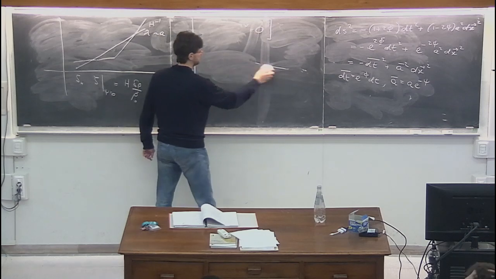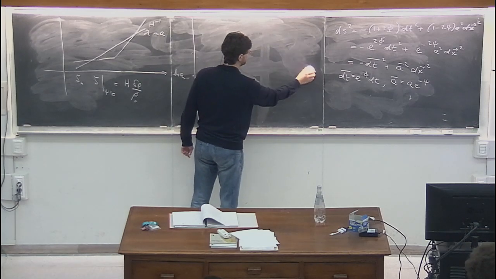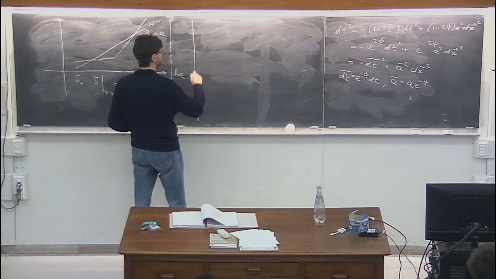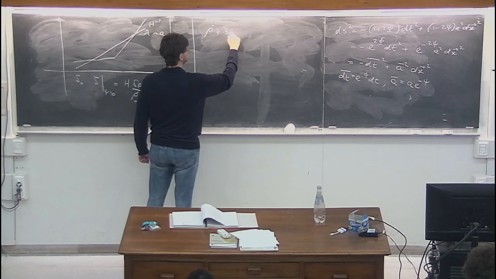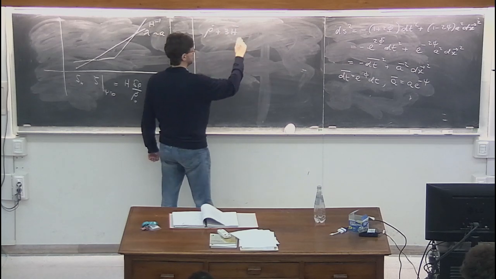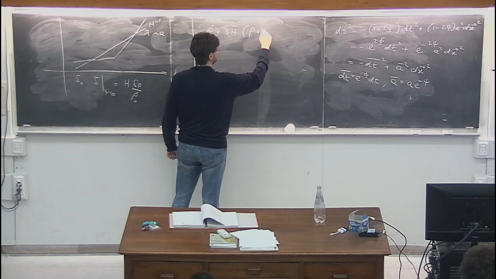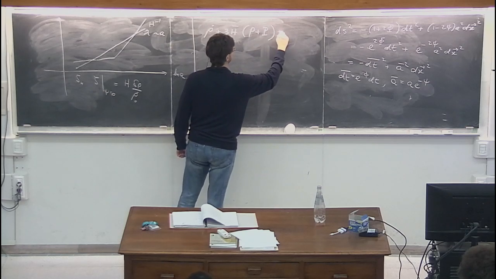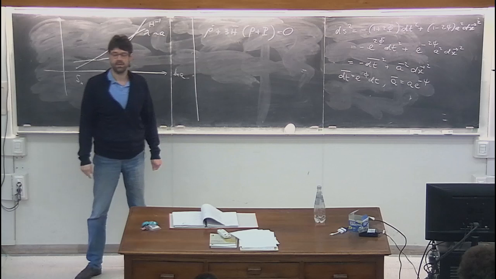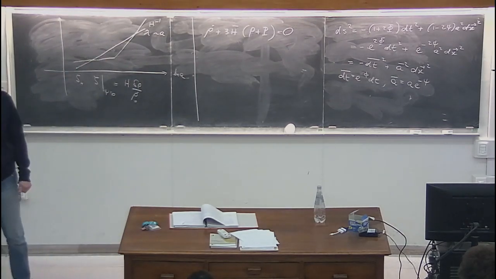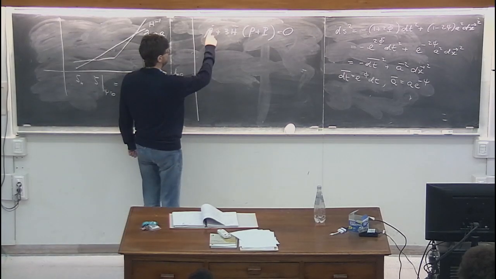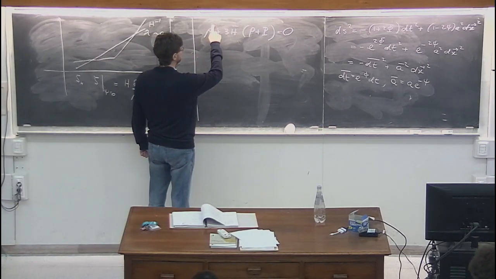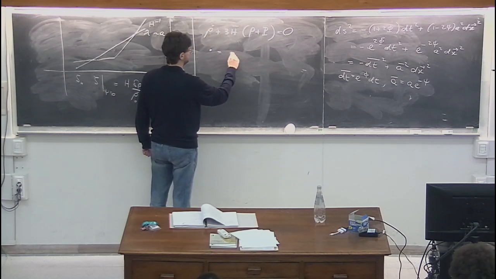and therefore I can write down the equation of motion for the conservation of energy in the following form. I have rho bar dot plus 3 H bar, which is my new Hubble rate, times rho plus p equal to 0. Okay? Because that is the equation that I have when my background is uniform, where now I have to be careful, this dot here is d over dt bar.